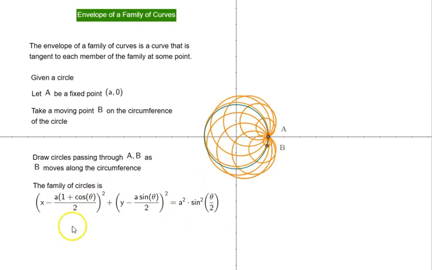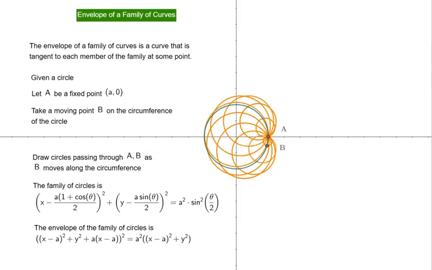And if we go through the same process again by taking the partial derivative with respect to theta and carrying out the substitutions and simplifying it, we get the envelope of the family of circles in Cartesian coordinate form as (x minus a) squared plus y squared plus a times (x minus a) the whole squared is equal to a squared times ((x minus a) squared plus y squared).